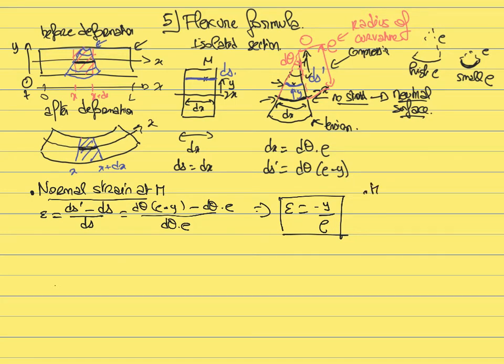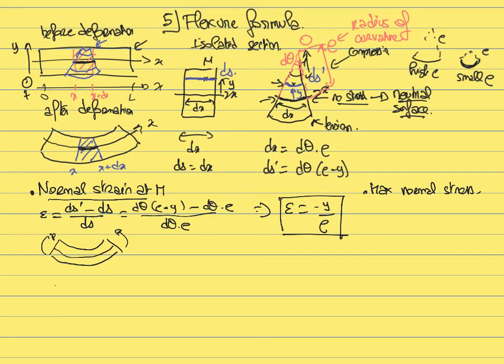Where is the maximum normal strain? Those are useful quantities to define. If we look carefully at this expression, what it means is that if you apply a positive moment like this to the beam, this beam has a smiley face shape like this.